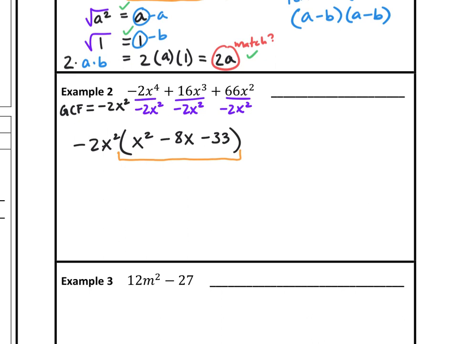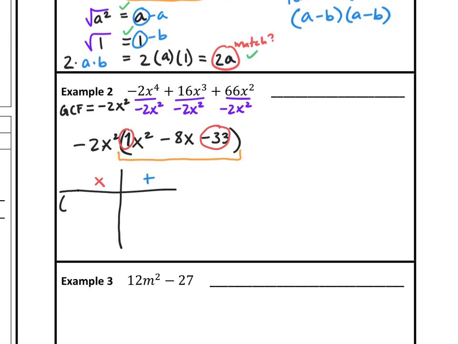let's see, can we check the method that we did last class, where we did the table, right? So let's do that table, and on the left we were multiplying, and on the right we were adding. Extend this line over here. And so this is in front of x squared. If there's no number, we assume that there's a 1 there. And so we're going to multiply the first number times the last number.